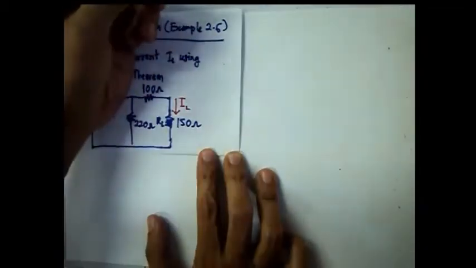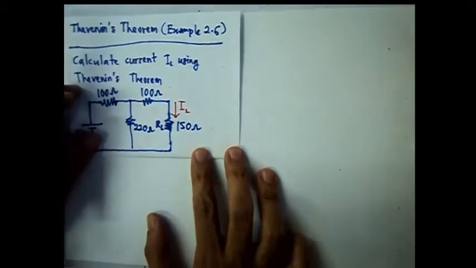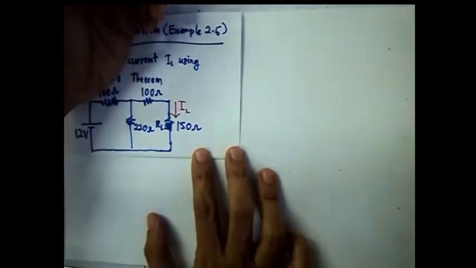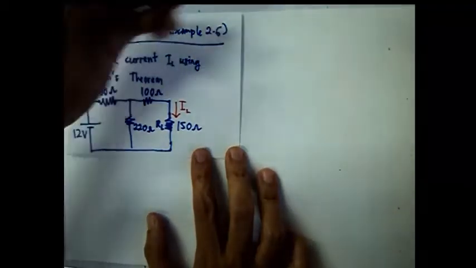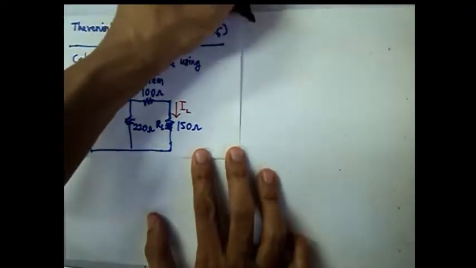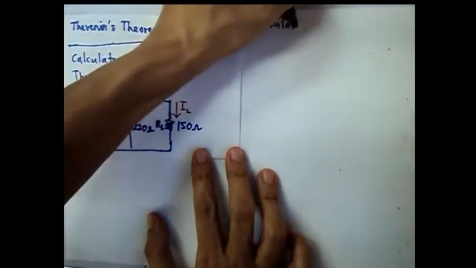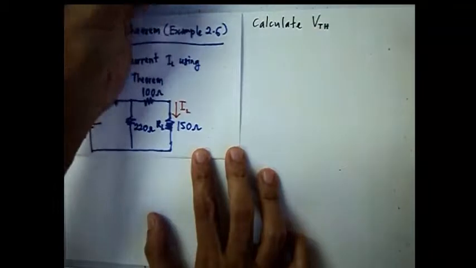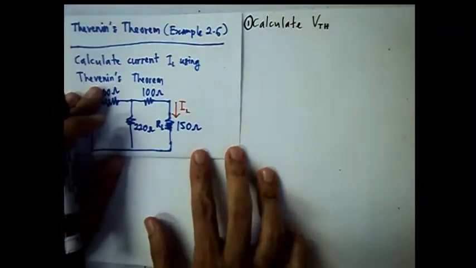Firstly, if you want to use Thevenin's theorem, we are going to apply three procedures here. First, we are going to calculate the Thevenin voltage, which we label here as VTH, as our first step.